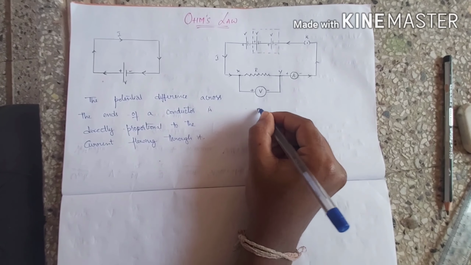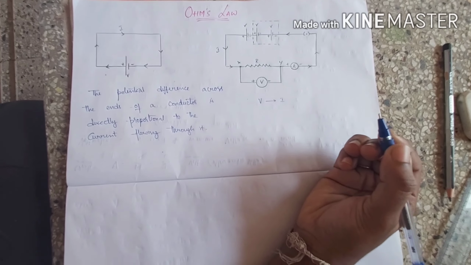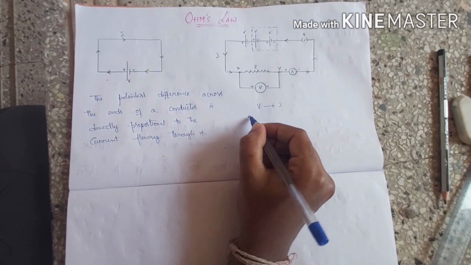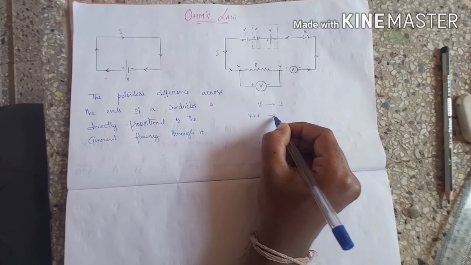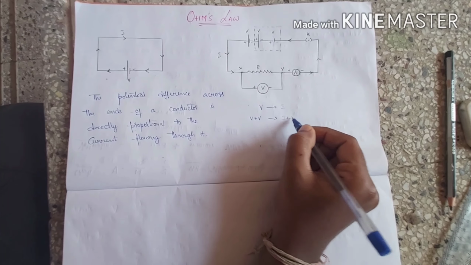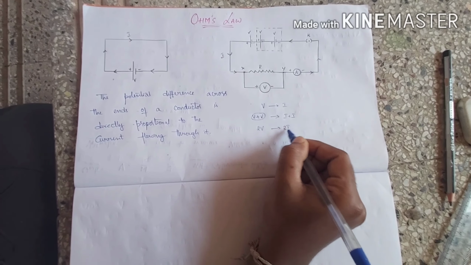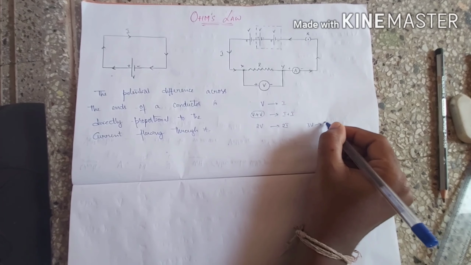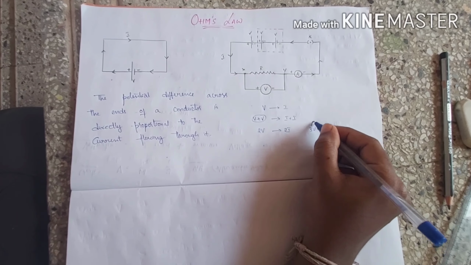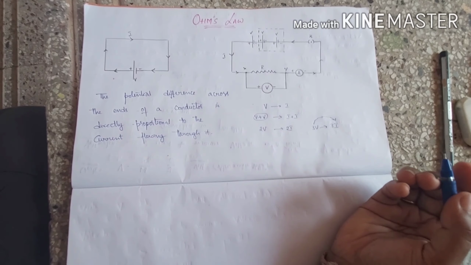Let's take the case: if the voltage is V, the current will be I. If I have two cells, the voltage is doubled, which in turn increases the current. If the voltage becomes 2V, the current is 2I. If it is 3V, the current is 3I, which means the voltage is directly proportional to the current.